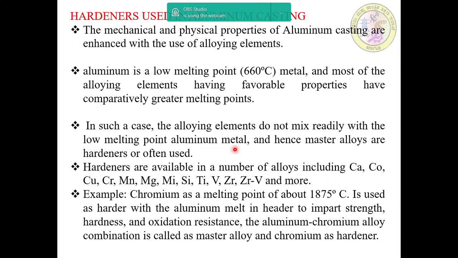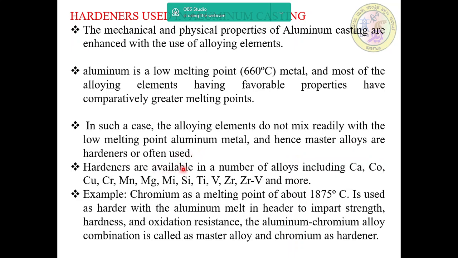Aluminum is a low melting point metal, around 660 degrees centigrade, and most of the alloying elements having favorable properties have comparatively greater melting points. In such cases, alloying elements do not mix readily with the low melting point aluminum metal, and hence master alloys or hardeners are often used.